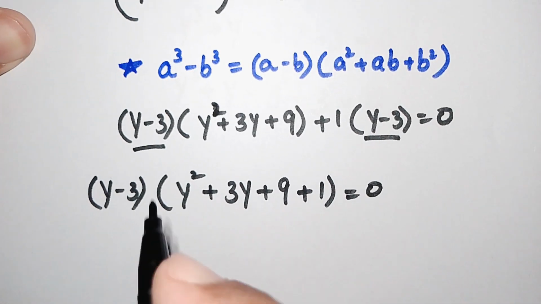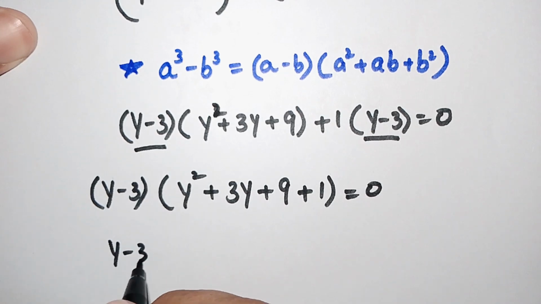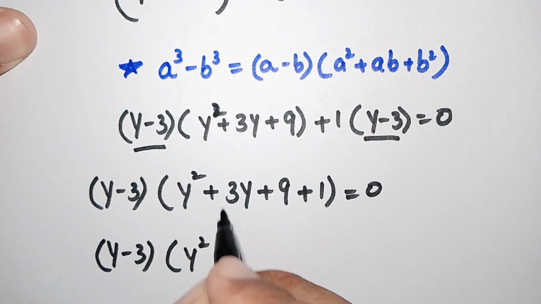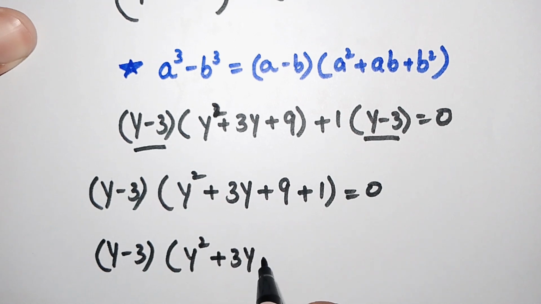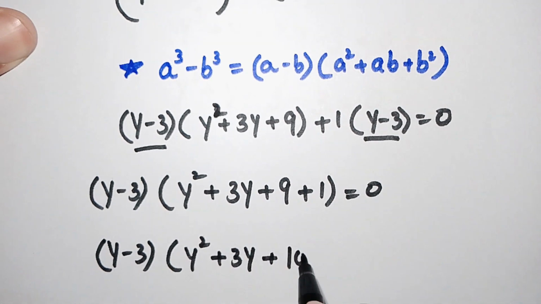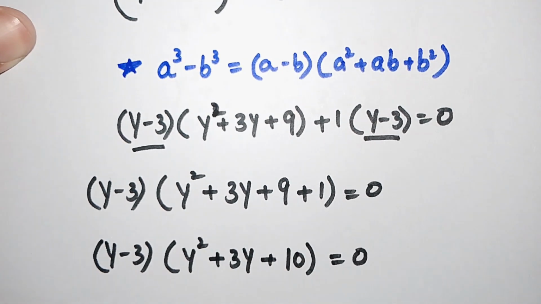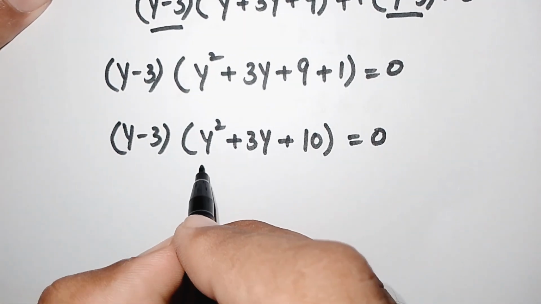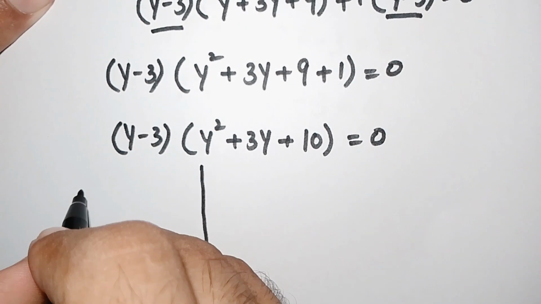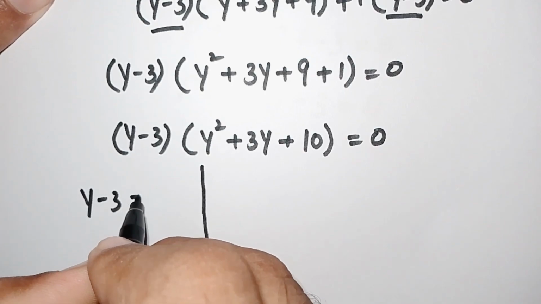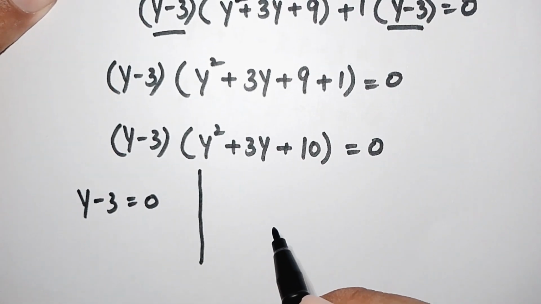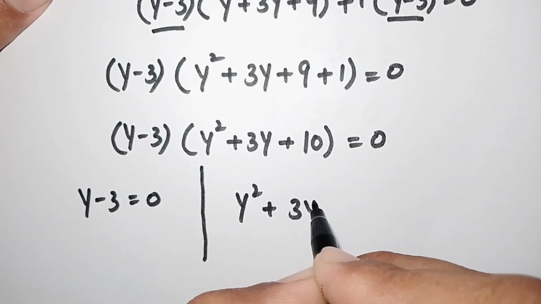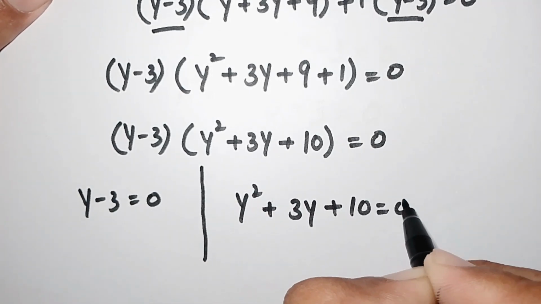Now here y minus 3 times y square plus 3y plus 9 plus 1, which is 10, is equal to 0. Now in the next step, we obtain two cases. The first case is y minus 3 is equal to 0, and the second case is y square plus 3y plus 10 is equal to 0.